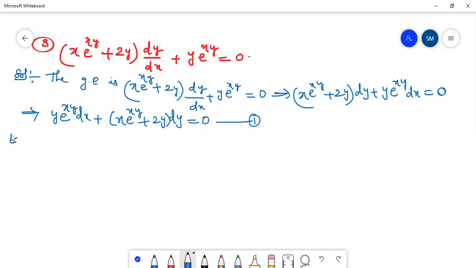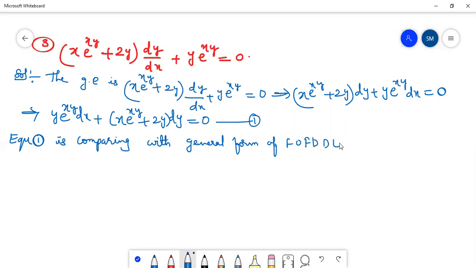Now equation 1 is compared with the general form of first order, first degree differential equation, m of x comma y dx plus n of x comma y dy is equal to 0.